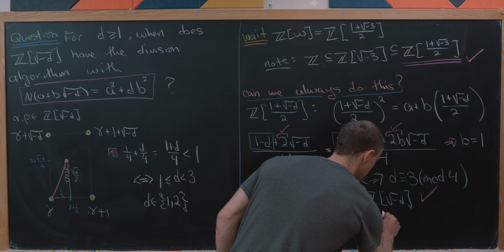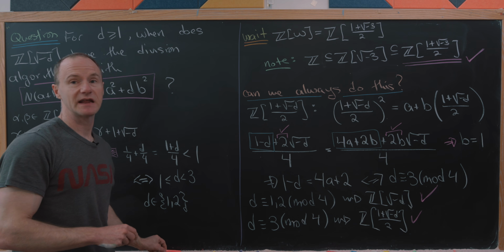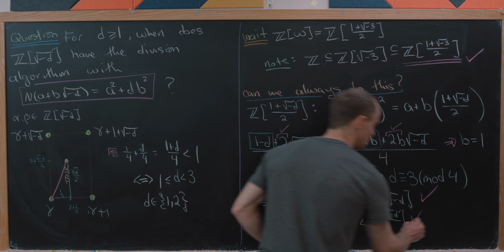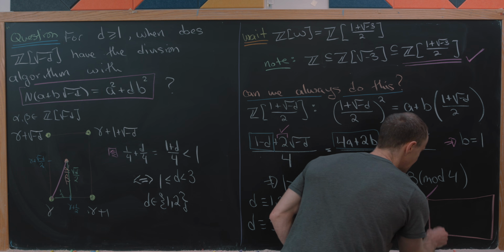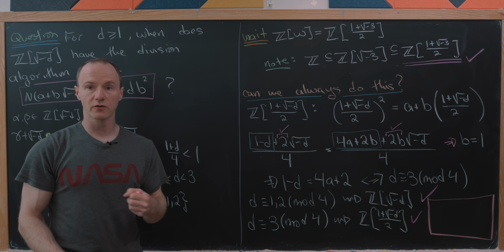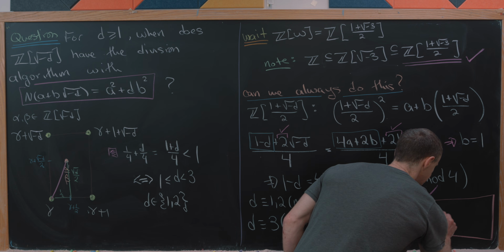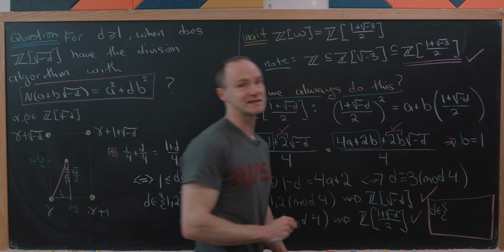And here we would use (1 plus the square root of minus d) over 2. And in fact, the big result here is that we get a division algorithm using the Euclidean norm. In other words, we get a norm Euclidean domain if and only if d comes from the following set.